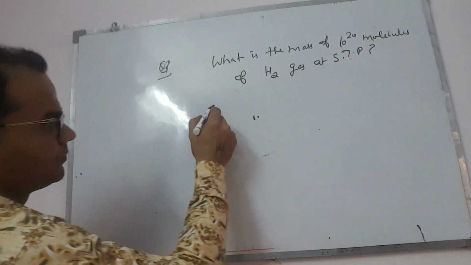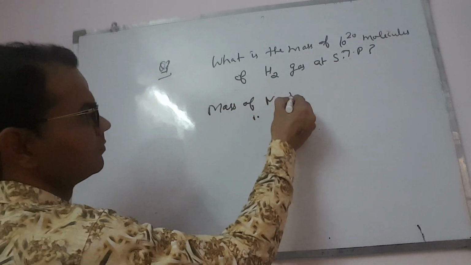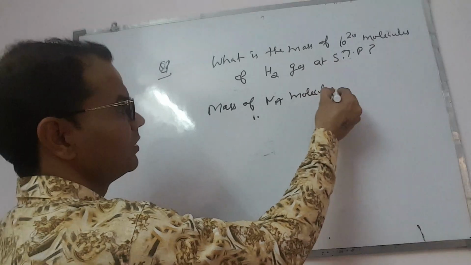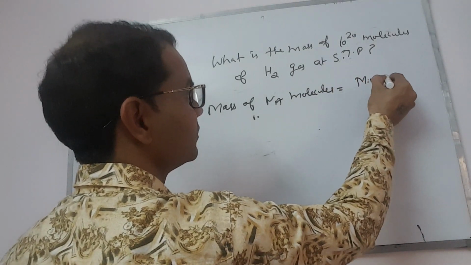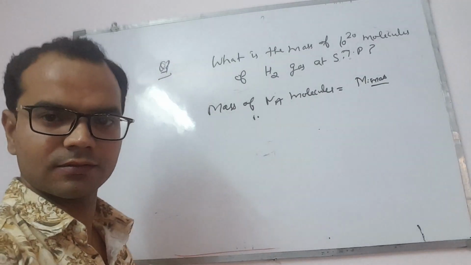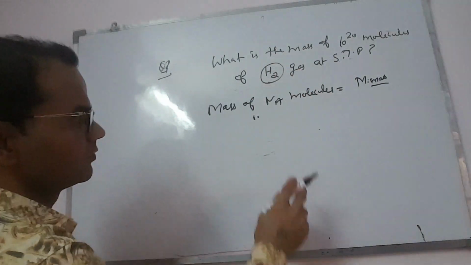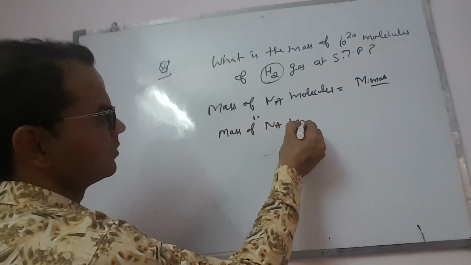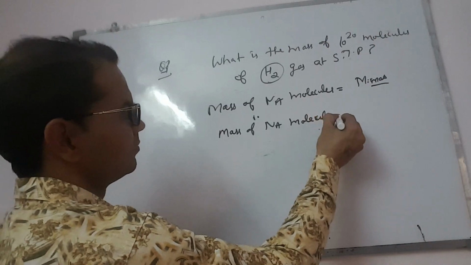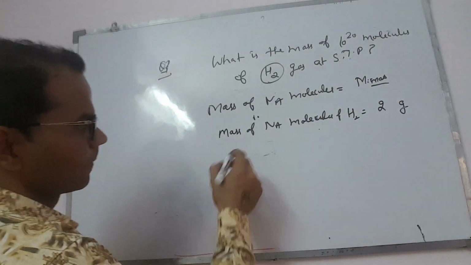As we know, the mass of Na molecules is the molecular mass of any substance. Here we are provided hydrogen, so we can say the mass of Na molecules of hydrogen is 2 gram.